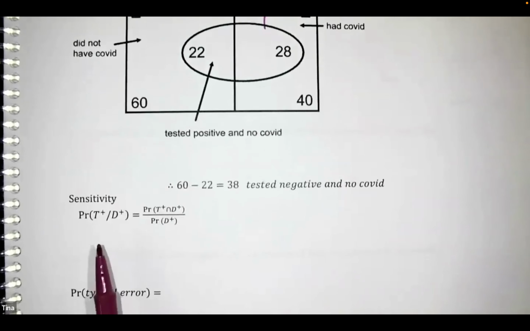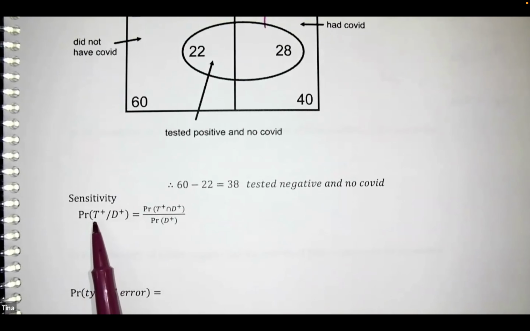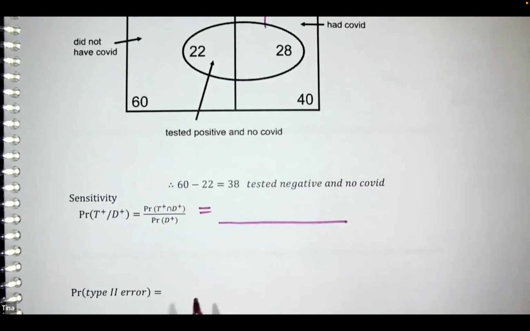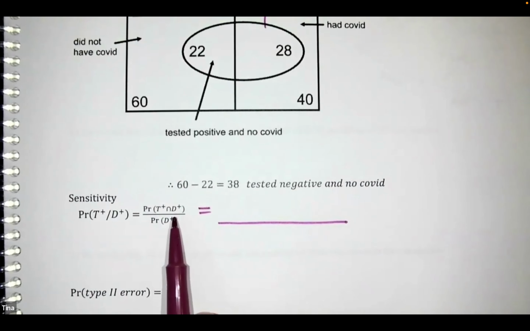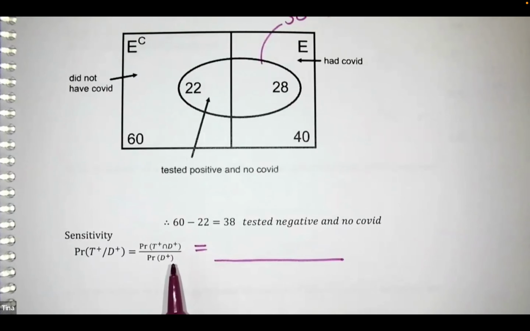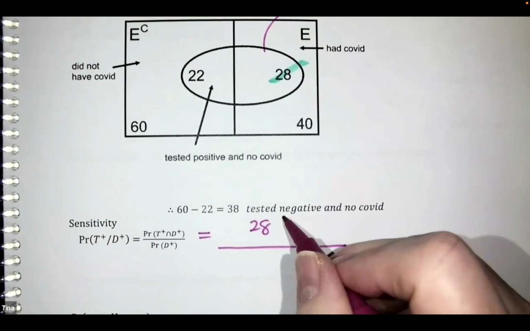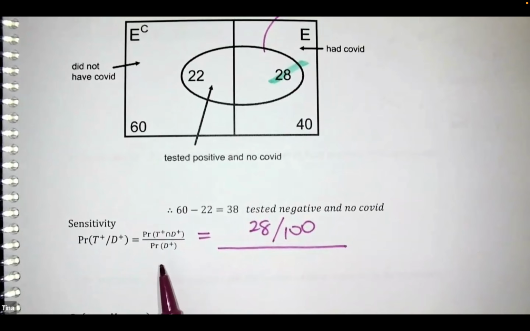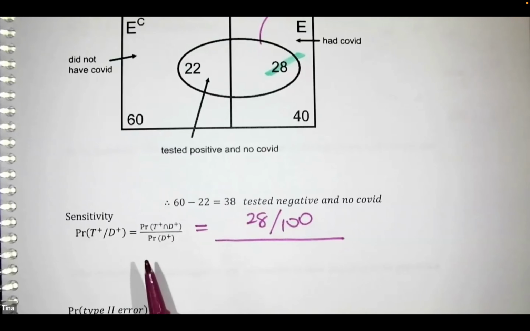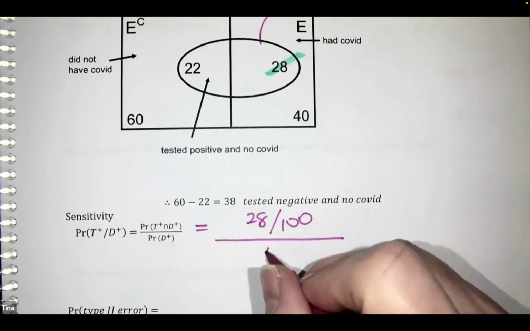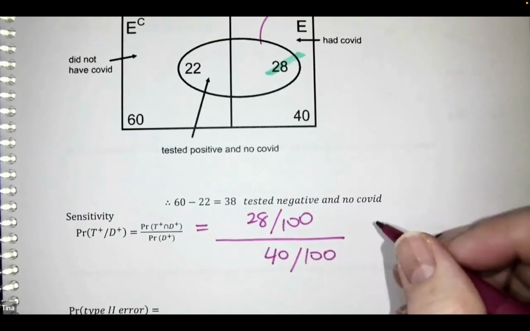So sensitivity is the probability the test is positive given they have the disease. If we take a look here, test positive and have the disease, that's over here, right? 28 people out of 100 that had COVID and tested positive. On the bottom, we have the probability that they have the disease, and they told us in the question it was 40 of them.